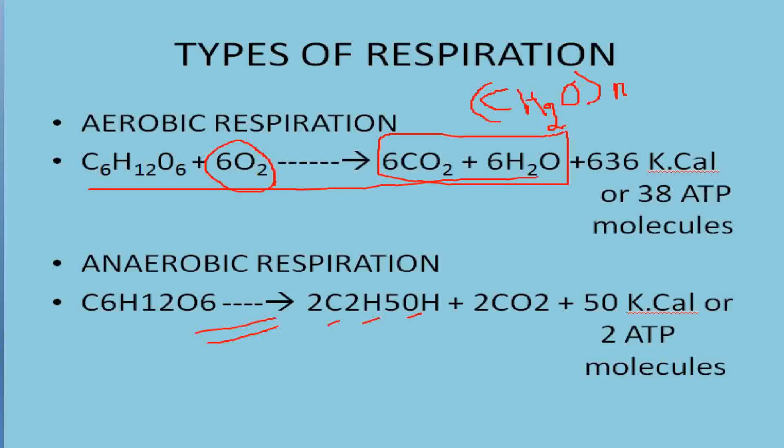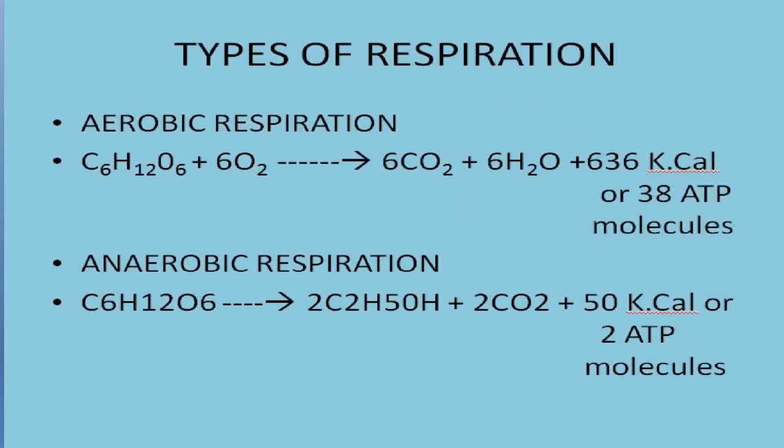That is why we say one is a complete process and the other is an incomplete process. 636 kilocalories of energy is released during aerobic respiration, but during anaerobic respiration, only 50 kilocalories of energy or 2 ATP molecules are produced.